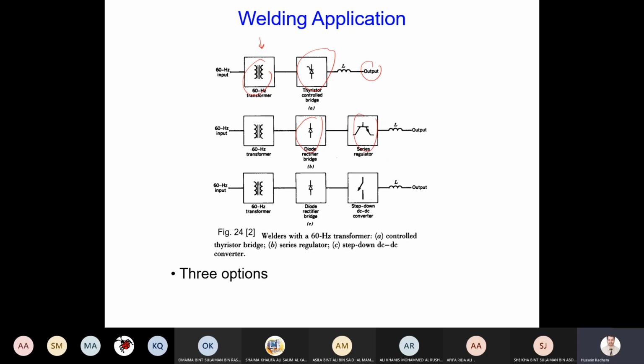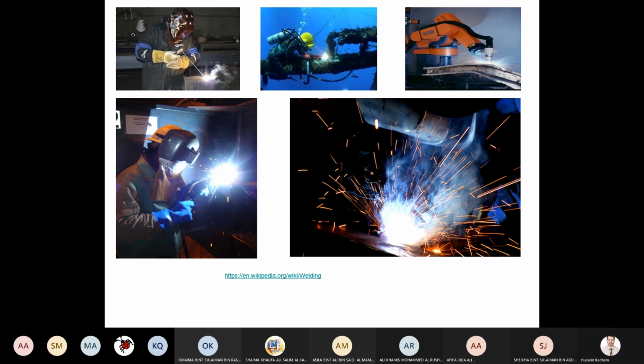The semiconductor switch could be a thyristor, triac, diode, whatever it is. Or we may use a diode bridge rectifier with a switch mode DC to DC converter. It could be buck, boost, Cuk converter, any one of them. At the end, we make melting by I square R, and then we have welding.